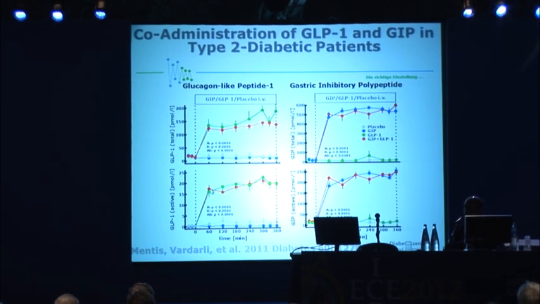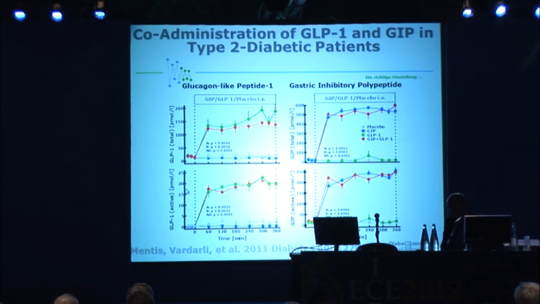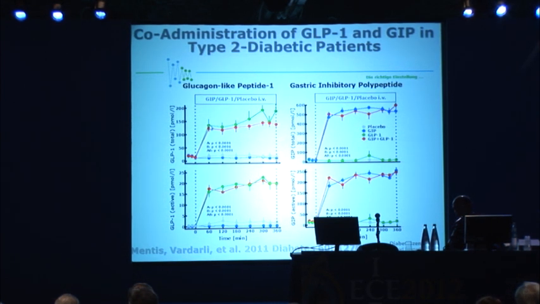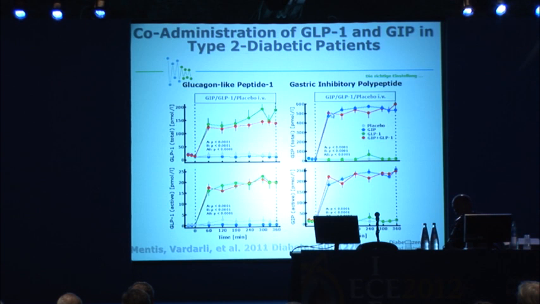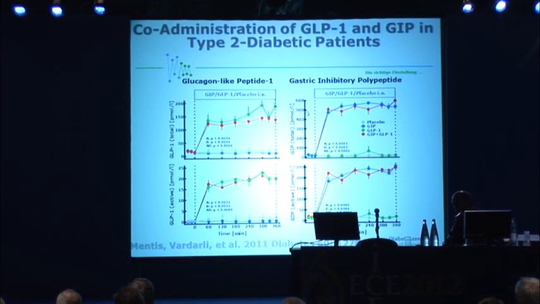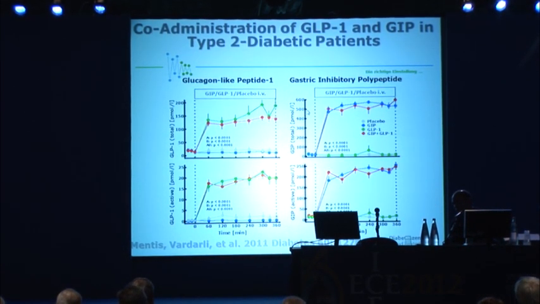If you look at the active levels, you see that they are much lower, so like 15 to 20 picomoles per liter. So this is only 10% of the GLP-1 that is circulating, that is in the unattacked form, which is biologically active. And with GIP, we used a very high dose. The level is like 500 picomoles per liter.